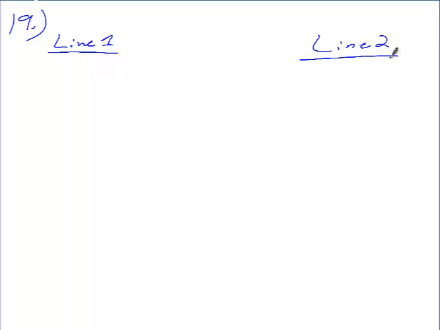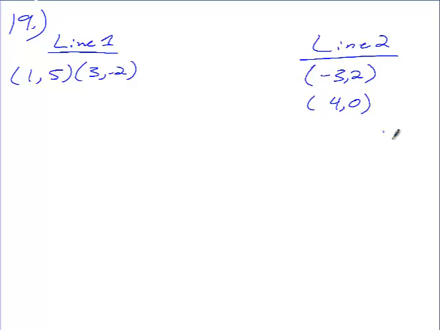All right, so what are the points for line 1? Okay, and then for line 2? Hang on, -3, 2? Okay. So again, I need to see the slope for each of these lines.